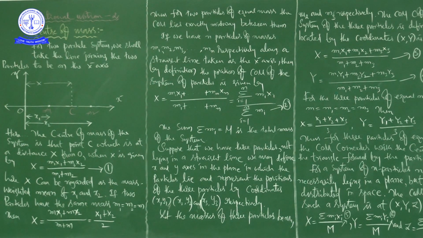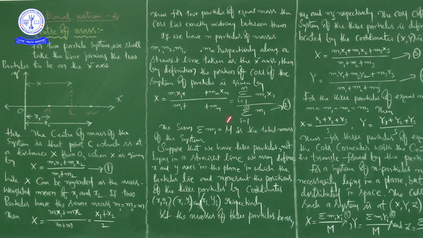Here x1, x2, x3 up to xn are the distances of the particles from the origin. X, the position of the center of mass, is also measured from the same origin.